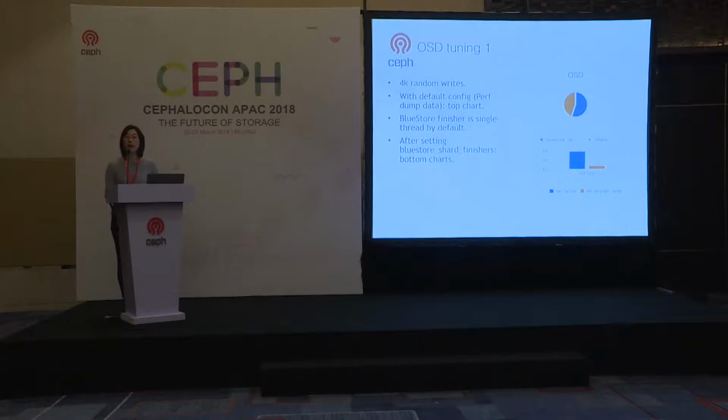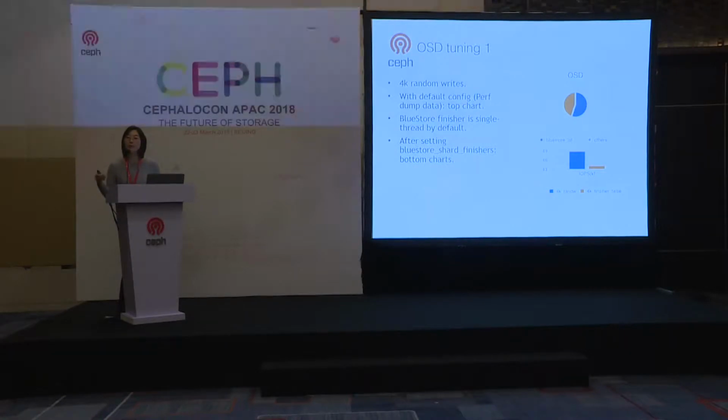When I checked the perf dump, I found that the BlueStore finisher took a lot of time. Because I use SSD to do the test, and by default the BlueStore finisher is single thread.